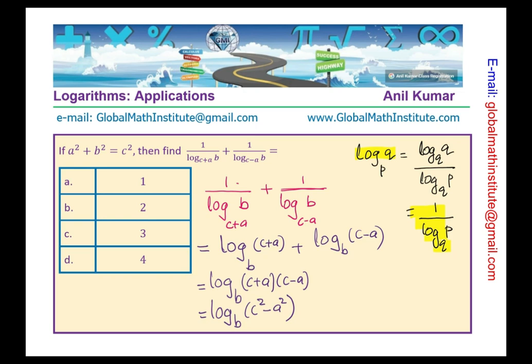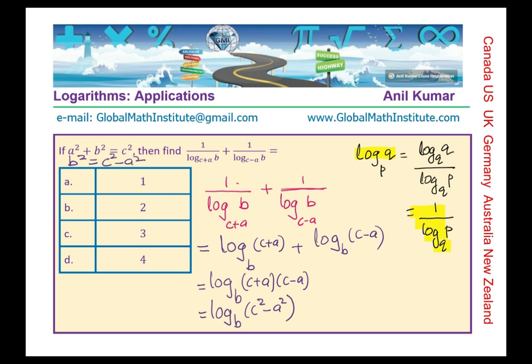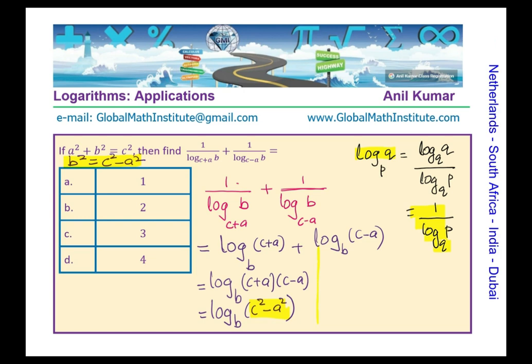So that is what we need, right? We are given an expression where we have a squared plus b squared is c squared. What is c squared minus a squared? That is b squared, right? So b squared is c squared minus a squared, correct? From what is given. So we'll change this to b squared and continue. We get log to the base b of b squared.